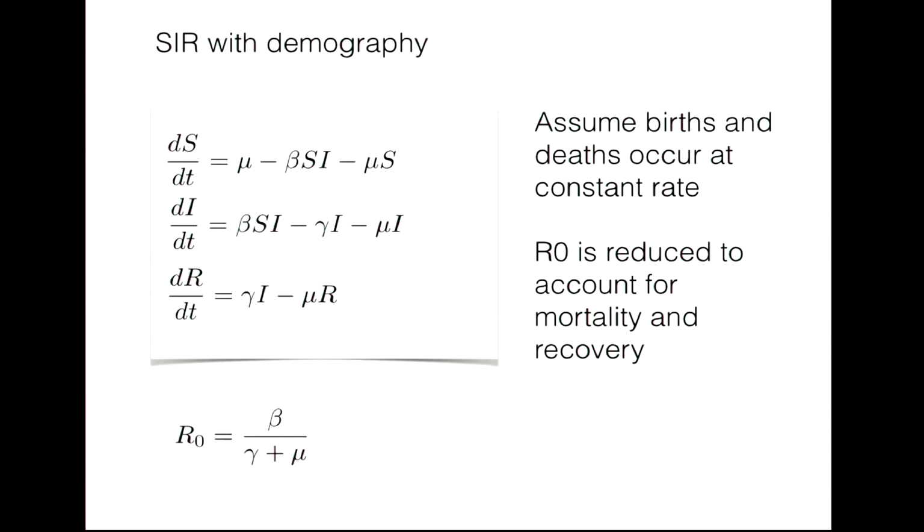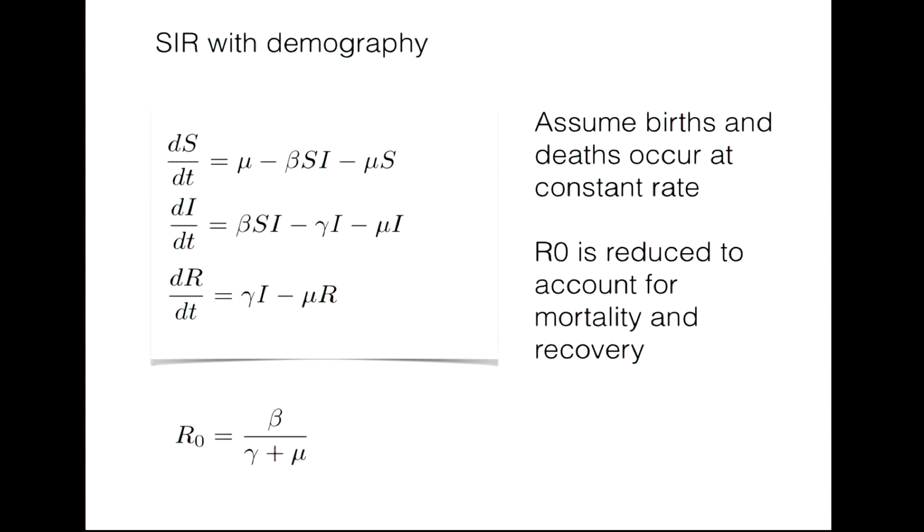Once you recover, even recovered individuals are removed from the population. So these die, and there is also a mortality term that comes from here. The mu I is also reduced. So you can die here, you can die here, you can add to the population here, and you can die here. So that's really the structure of this. The death rate and the birth rate are the same, so on average, the number of individuals in the population remains the same.